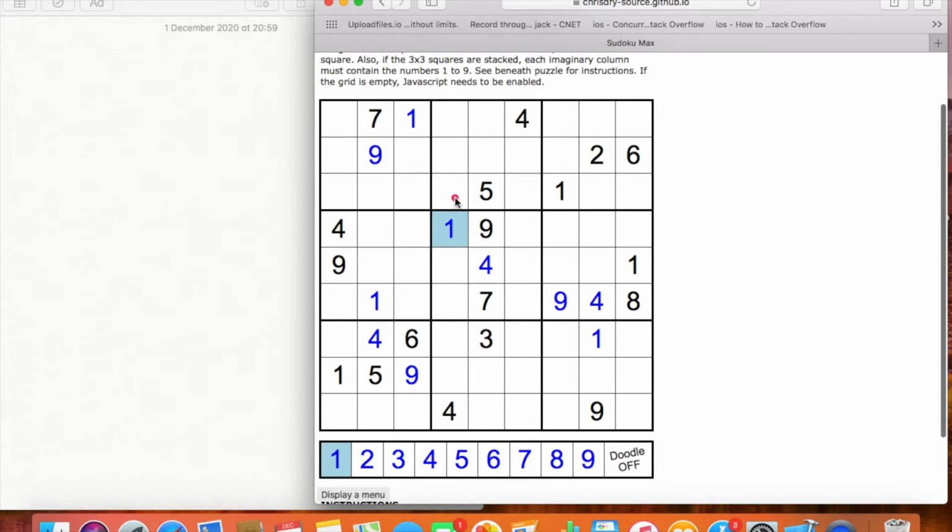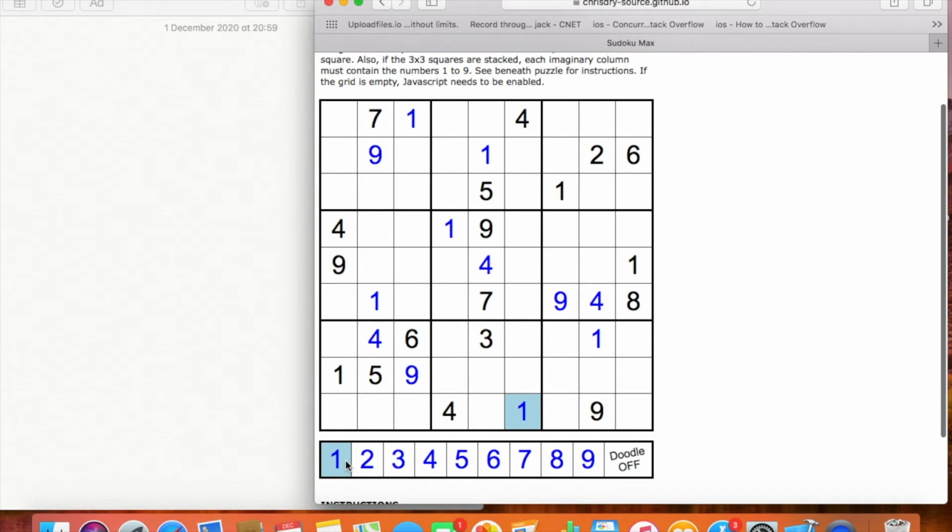At the top, we can't use that square, so the one has to go there. And we'll fill in the last of the ones in the bottom block. There.